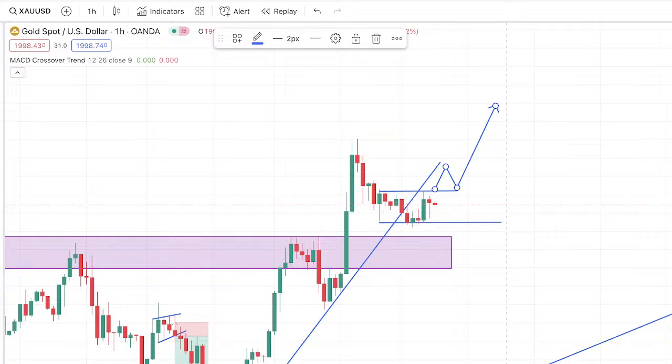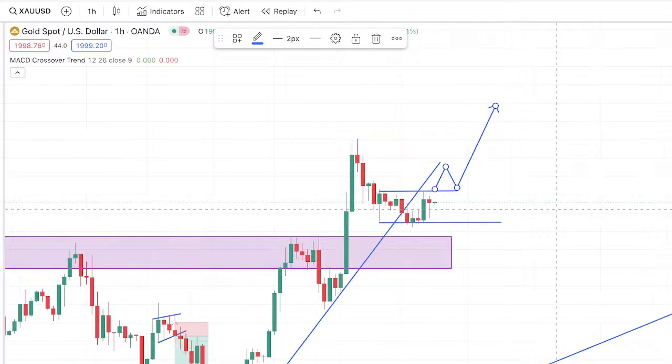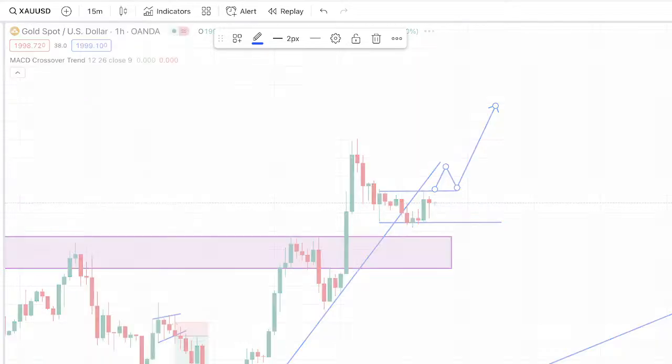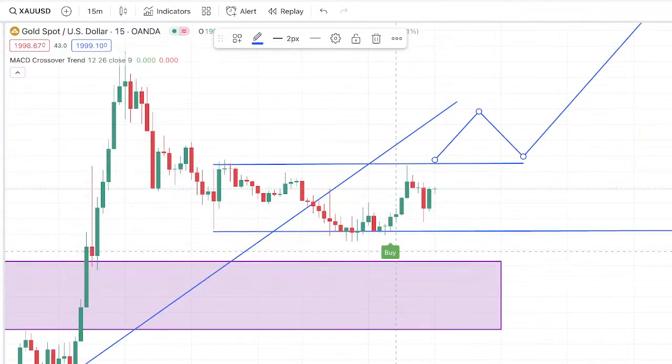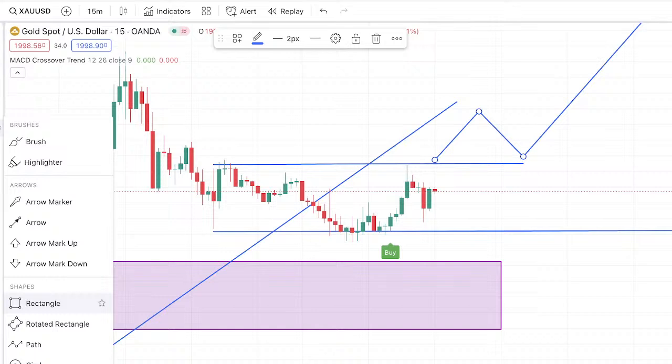Yeah, this is what is happening if we go to the 15-minute time frame. We'll see that we have a buy signal here from our indicators. So it must go up, then we retest this area of support that we marked.